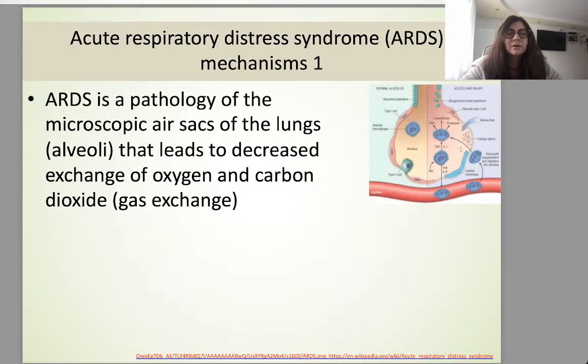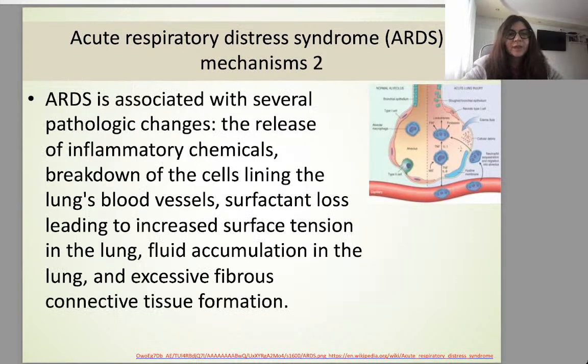The mechanism in acute respiratory distress syndrome is pathology of the microscopic air sacs in the lungs, the alveoli. You should learn it in pathophysiology. It leads to decreased exchange of oxygen and carbon dioxide, like gas exchange.